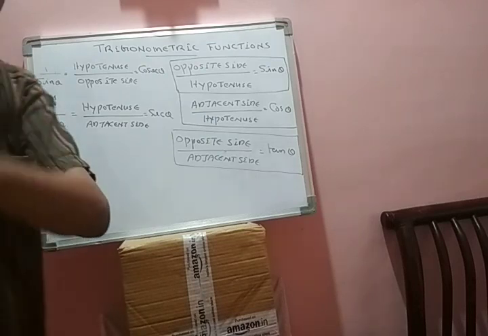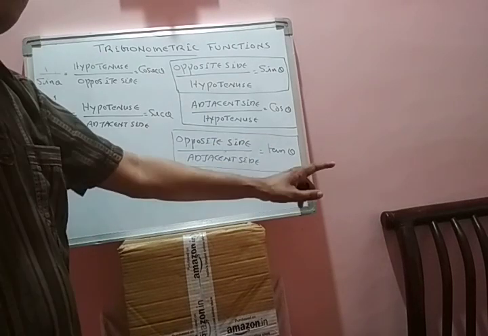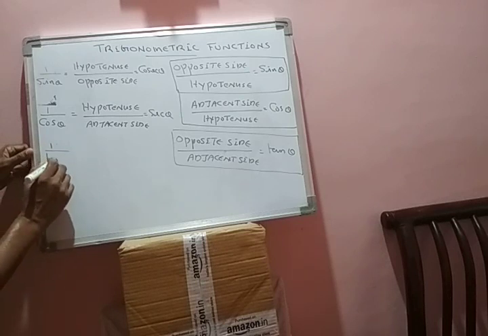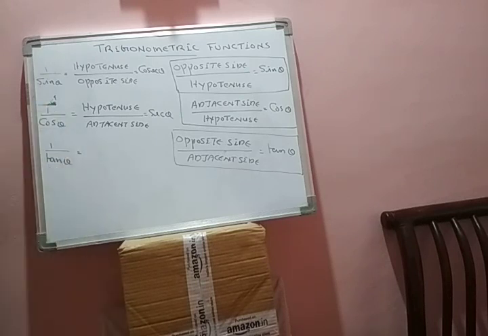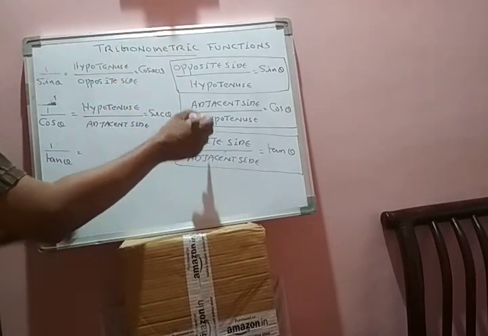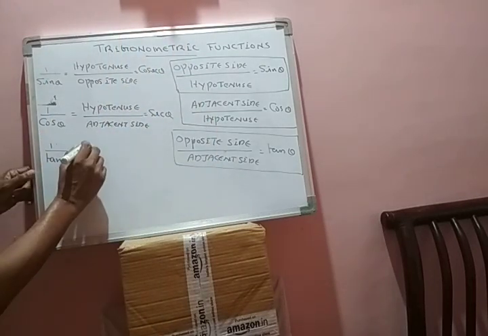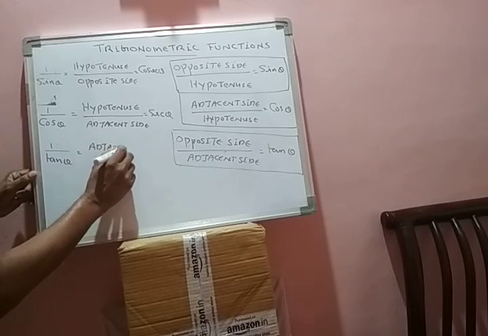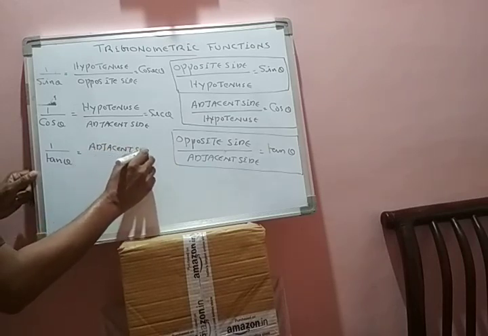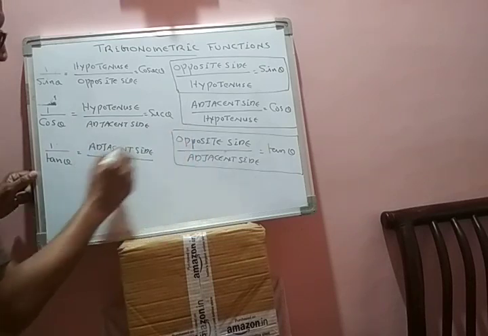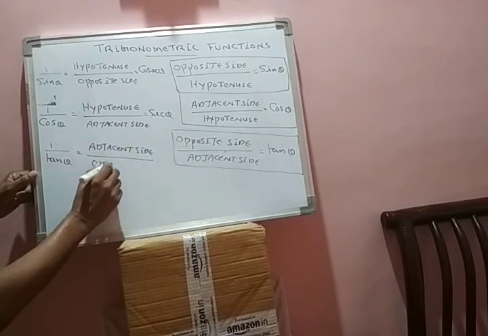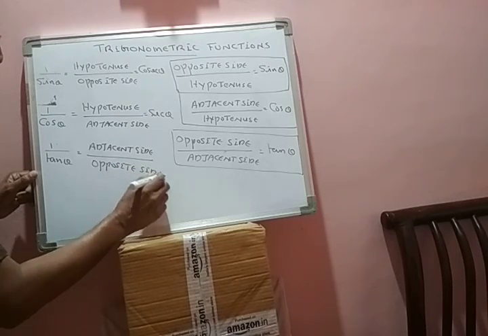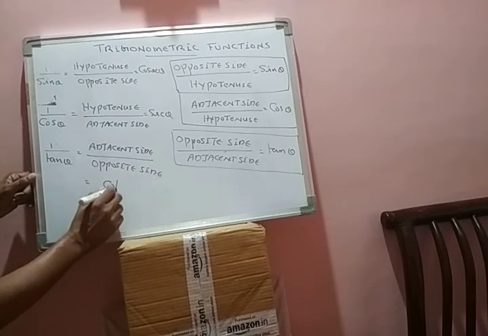Then the sixth trigonometric ratio, the reciprocal of tan theta. 1 by tan theta is equal to adjacent side, interchanging opposite side and adjacent side. Therefore, adjacent side in the numerator divided by opposite side in the denominator, which is known as cot theta.